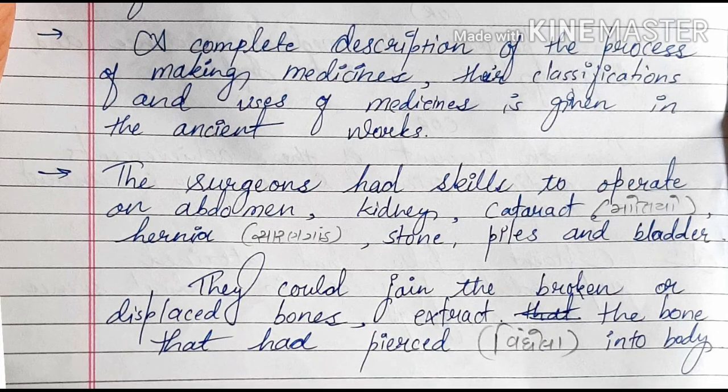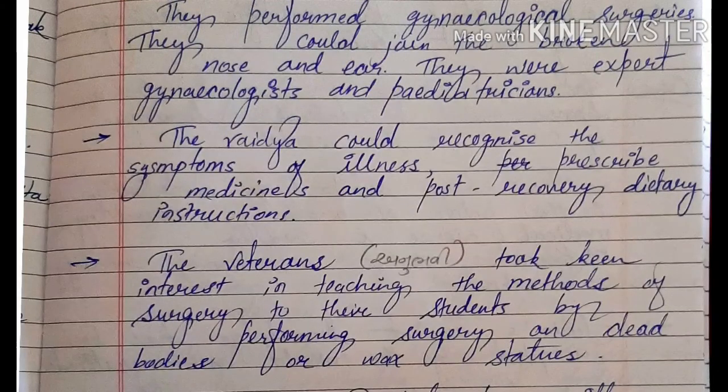They could join broken or displaced bones and extract bone that had pressed into the body. They performed gynecological surgeries. They could join broken noses and ears. They were expert gynecologists and pediatricians.